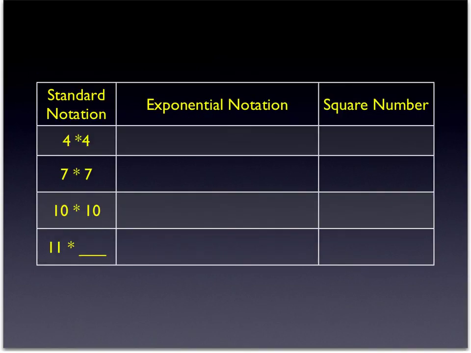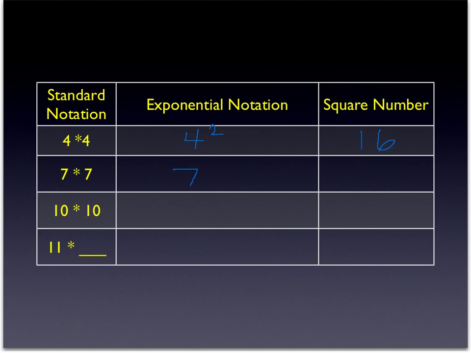Okay, exponential notation versus standard notation versus square number. We have 4 times 4. My exponential notation for 4 times 4 is 4 to the power of 2, 4 squared. What square number is 4 squared? 16. My standard notation is 7 times 7.